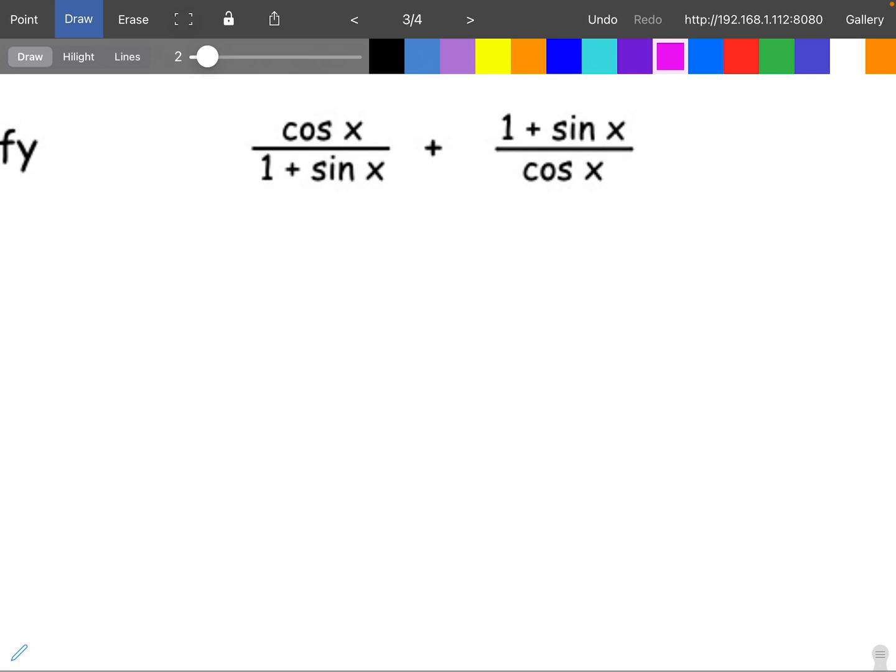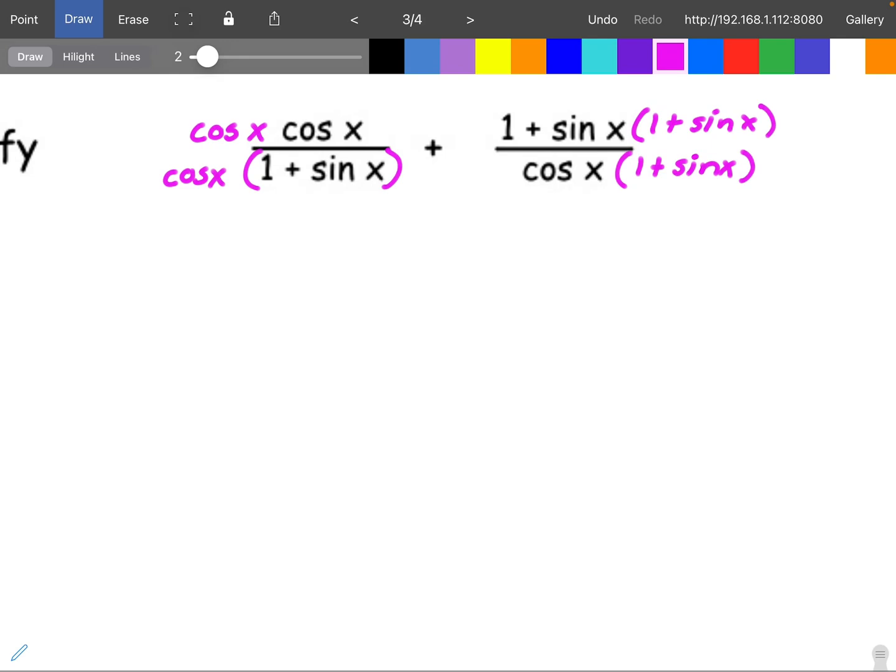So for this first one, I am going to multiply this denominator by cosine x, which means that I also have to multiply the numerator times cosine x. Then the second fraction is going to get multiplied by 1 plus sine x, which means the numerator also has to be multiplied by 1 plus sine x.